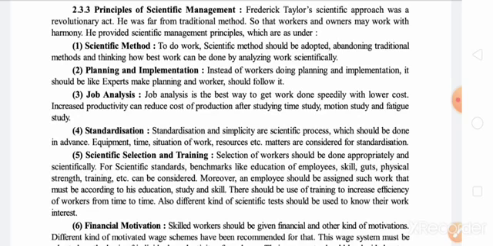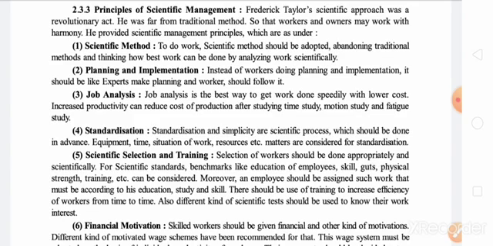Third one is job analysis that can be done on the basis of time study, motion study and fatigue study, and it is the best way to get work done speedily with lower cost. So through job analysis we are clarifying two objectives. First one is lowering the cost and second one is increasing the productivity by way of time study, motion study and fatigue study, which we are going to discuss today in the techniques of principles of scientific management.